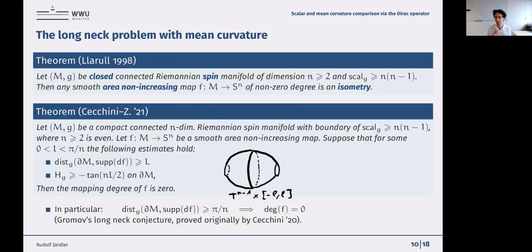And for that reason, one can do the following. The idea is now one does a warped product like before to make the scalar curvature equal to n times n minus 1. So this is possible using a warped product metric.